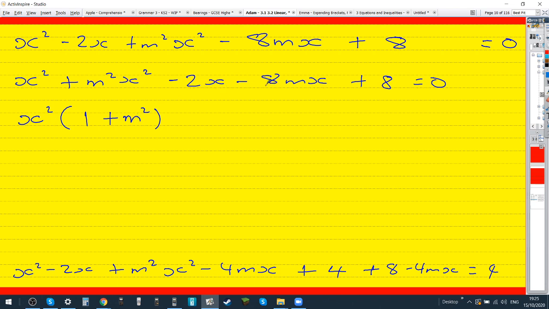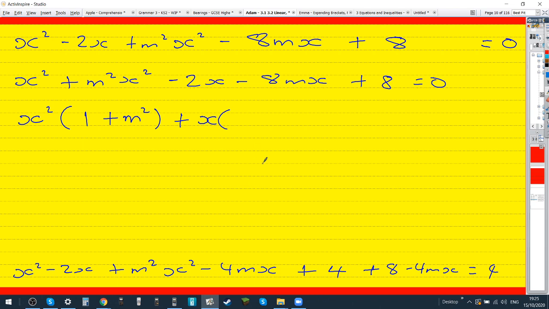Same thing with this next one. Factorize out x. Let me think about this one. Let's factorize out plus x.